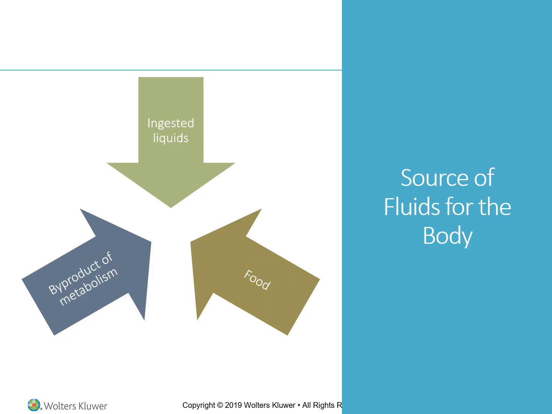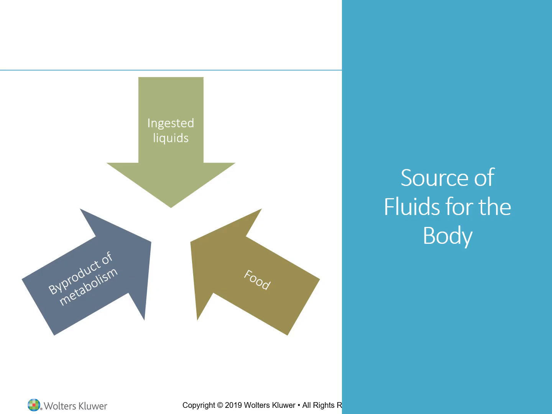Okay, so now let's look at how the body obtains water and how fluid intake is regulated. Water comes from three main sources. First, your ingested liquids, the largest source, providing about 1,500 milliliters per day. Next is water in the food that contributes around 800 milliliters daily depending on the diet.